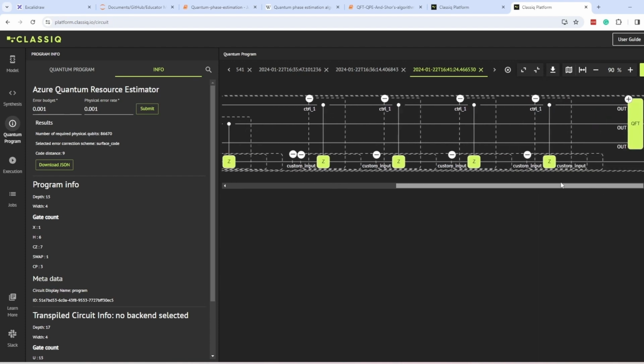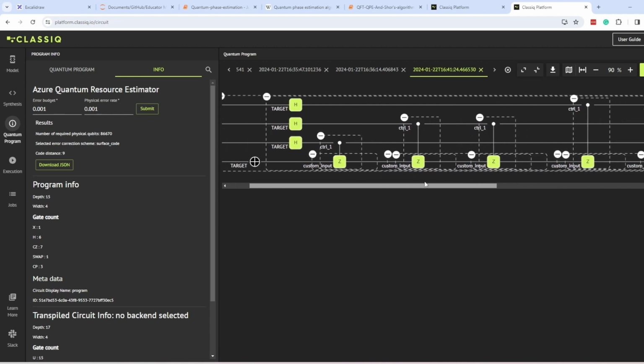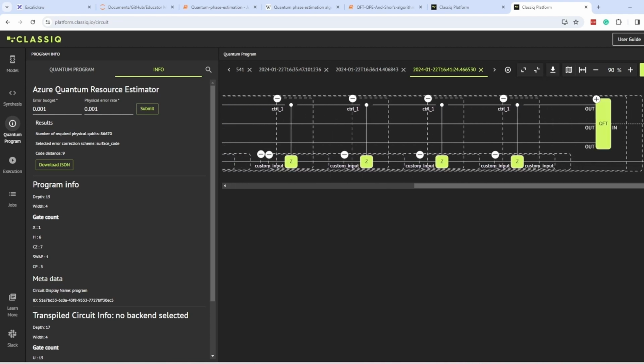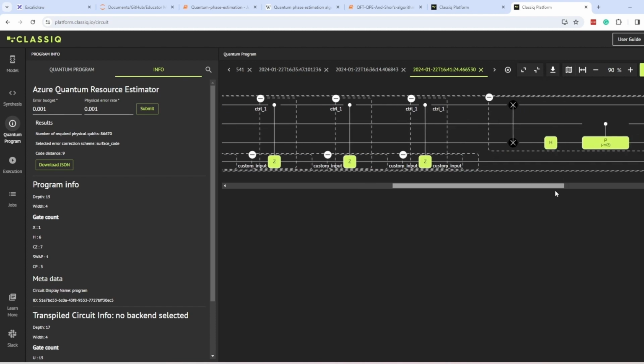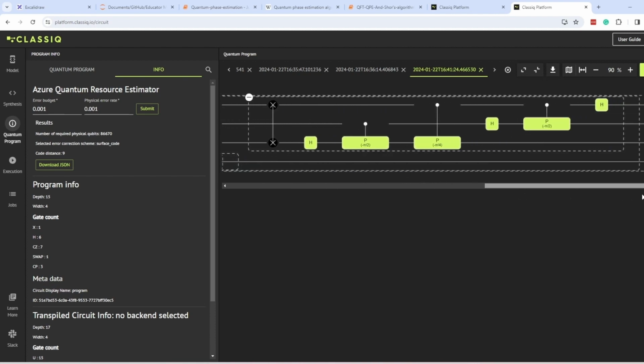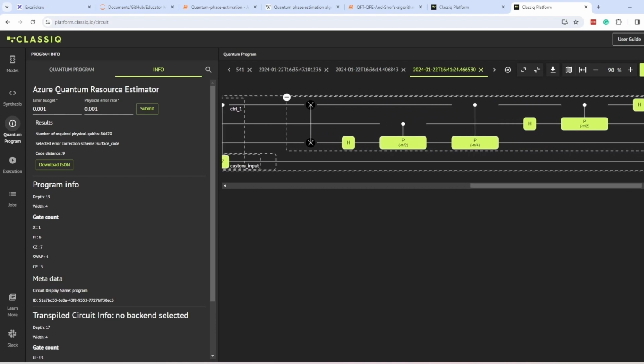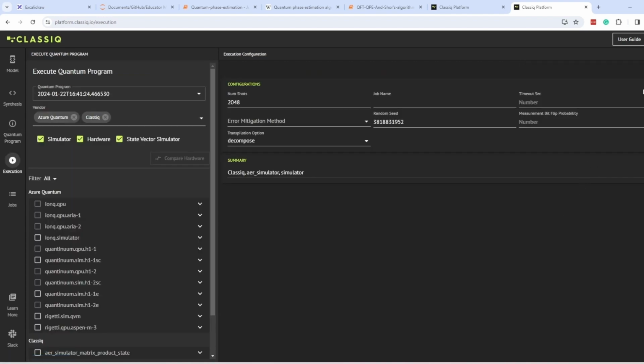This is our circuit. So I hope you got the logic of how it works. And in the inverse Fourier transform, this is the circuit which we discussed in the last video. For now I will just execute it and see the output.